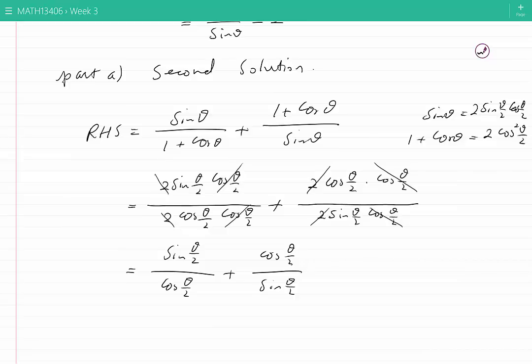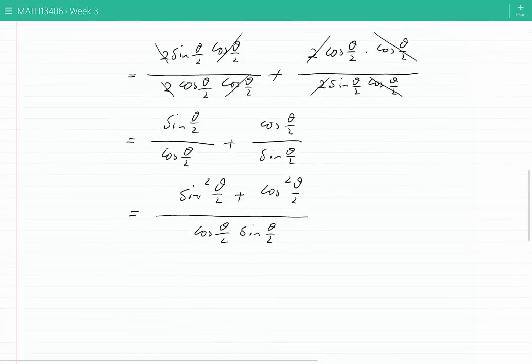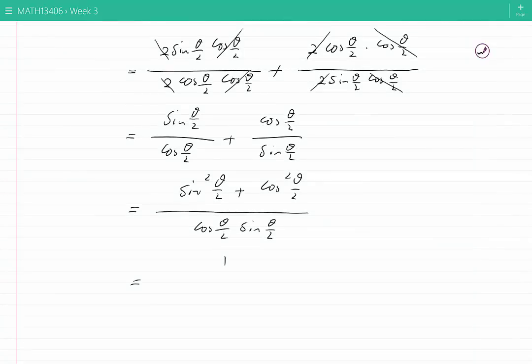At this point I will add the two fractions, however, and I will find for the common denominator cos theta over 2 sine theta over 2, and for the numerator sine squared of theta by 2 plus cos squared of theta by 2, which happens to be 1. And in the denominator I can rearrange the terms to have sine theta by 2 cos theta by 2, which is quite familiar.